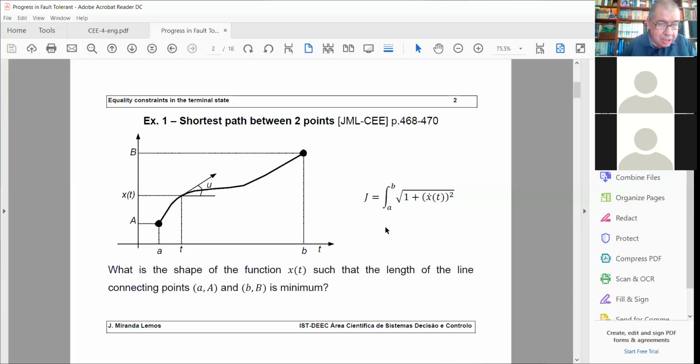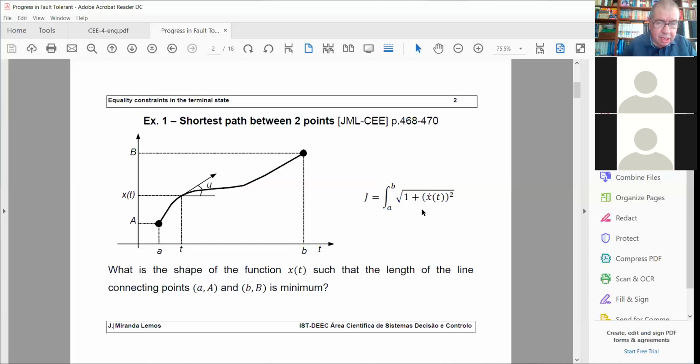So one possibility is to apply Pontryagin principle. Now, I have a J, which is actually the expression that you have studied in the basic course on calculus for the length of the graph of a function. So it's the integral of the square root of 1 plus the square of the derivative.